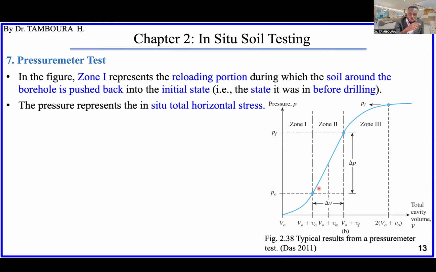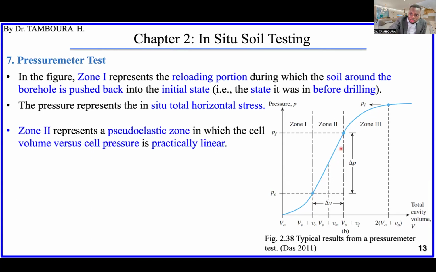So you should know sigma H. Sigma V is the vertical total stress. Sigma H is the horizontal total stress. They are not the same. There is a relation between them, like K naught, but they are not the same.